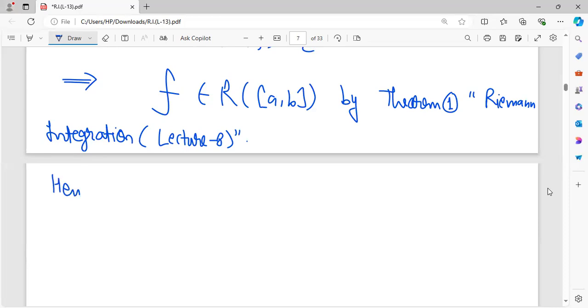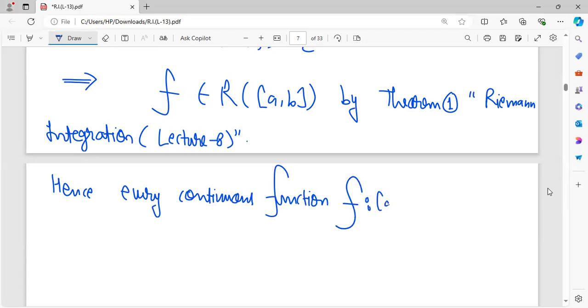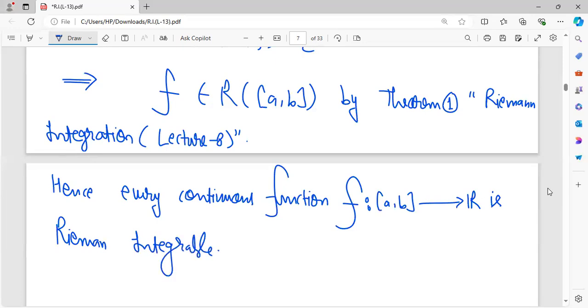Hence, every continuous function f from the closed interval [a, b] to R is Riemann integrable. Okay.